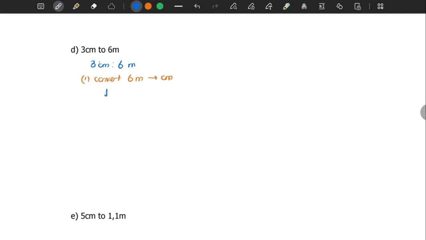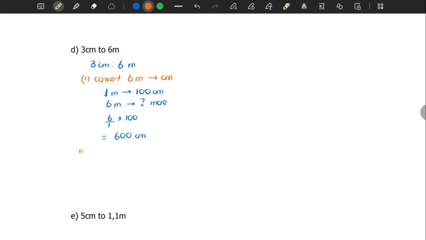Again, knowing that 1 meter is 100 centimeters, we are trying to find what 6 meters would be. And 6 meters is more than 1 meter, so then we expect more centimeters out of 6 meters. So that's going to be 6 over 1 times 100, which will give us 600 centimeters.